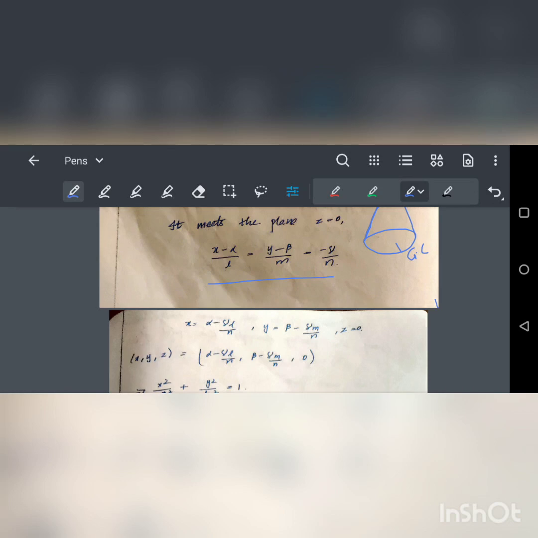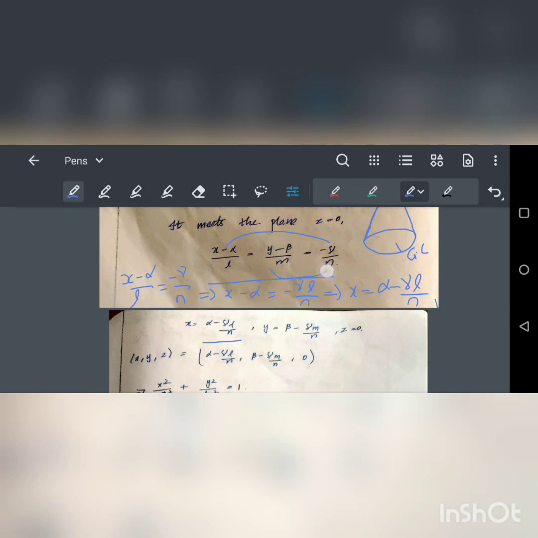The value for x will be, when you equate this and this, x minus alpha divided by L equals minus gamma divided by n. So this implies x minus alpha is equal to minus gamma L divided by n. This implies x is equal to alpha, when you take this minus alpha to the other side, plus alpha minus gamma L divided by n. So this gives the value for your x.